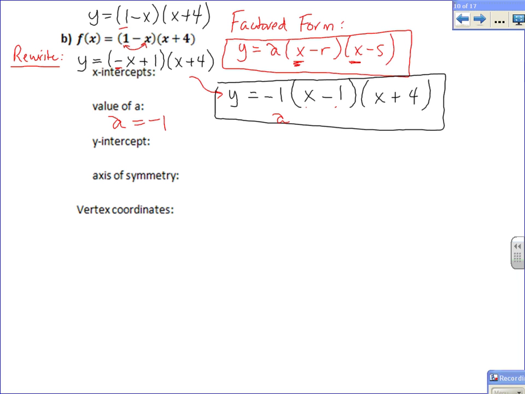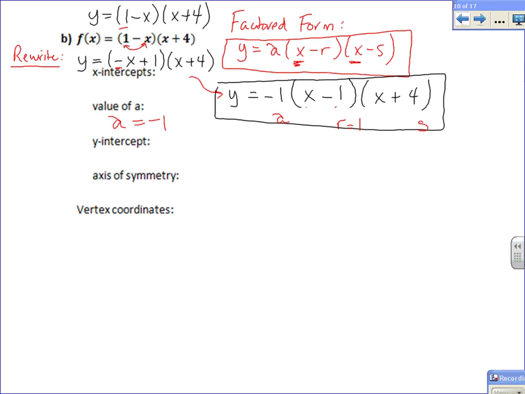I know that r is right here, and I see that s is going to be in my second bracket. When I compare it above to factored form, x minus r, x minus 1, r is equal to 1.